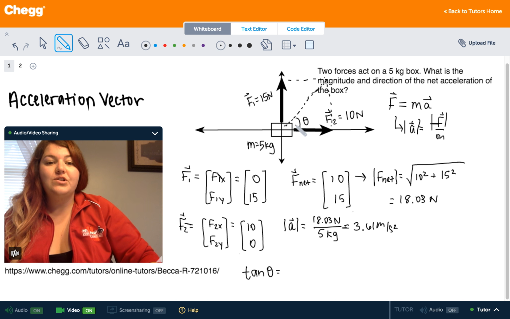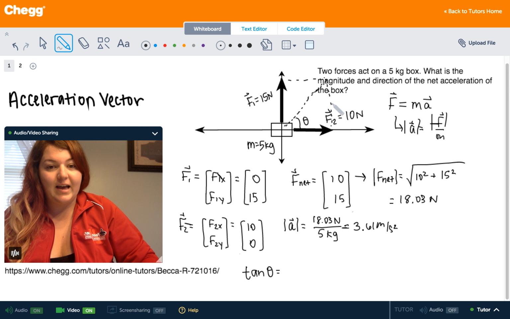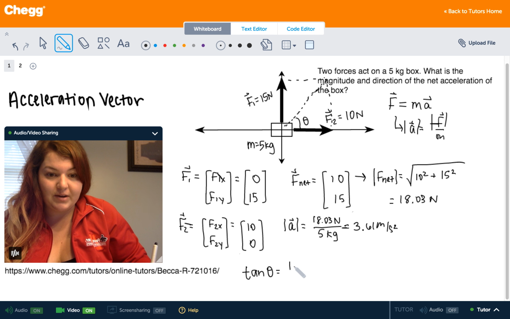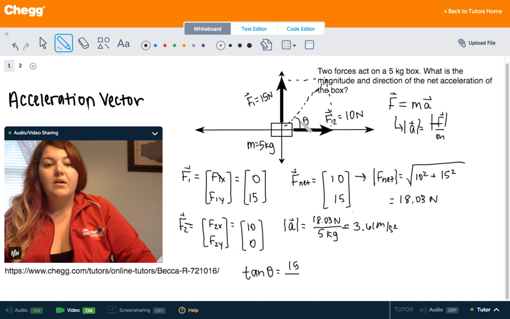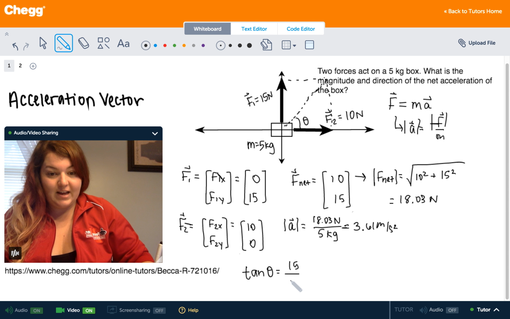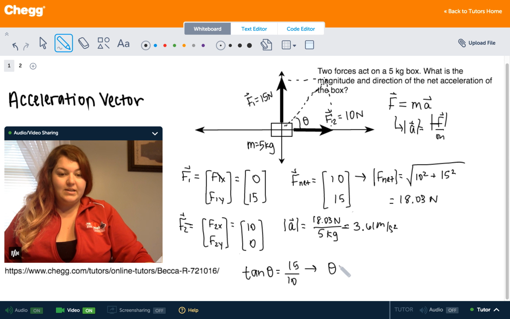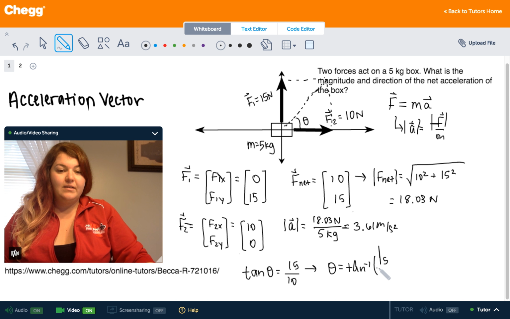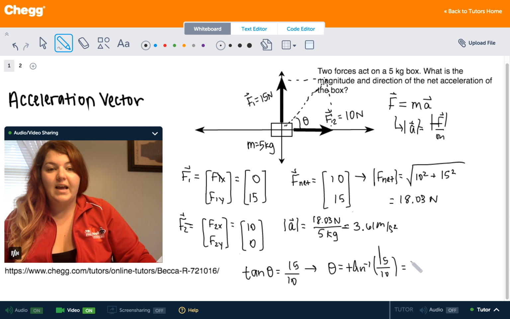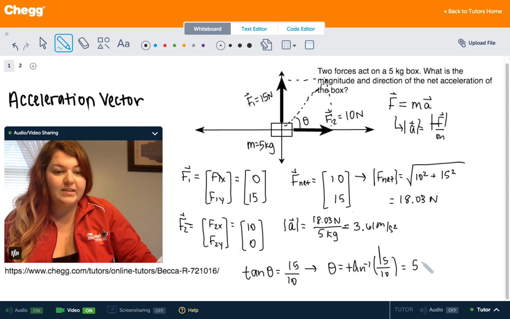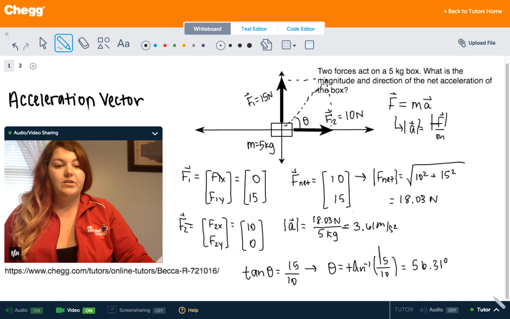Because the tangent of that angle is going to be the opposite leg, or the F1 component, the vertical component, 15, divided by the adjacent leg, which is 10 newtons, meaning that we can simply take the arctangent, or the inverse tangent, of our y component, 15, divided by our x component, 10, and that gives us an angle of roughly 56.31 degrees.